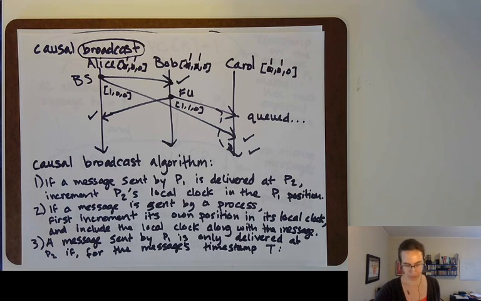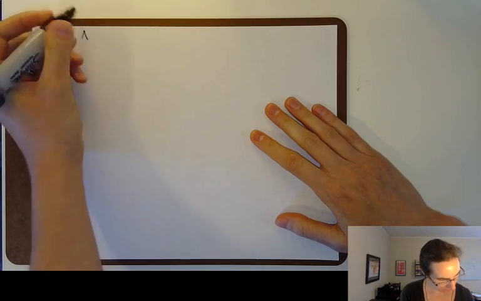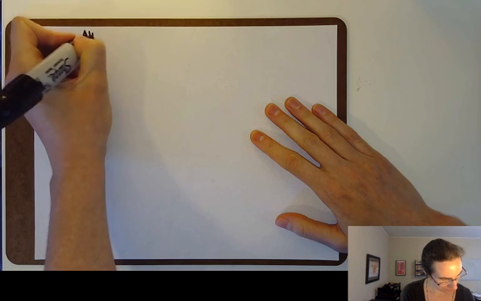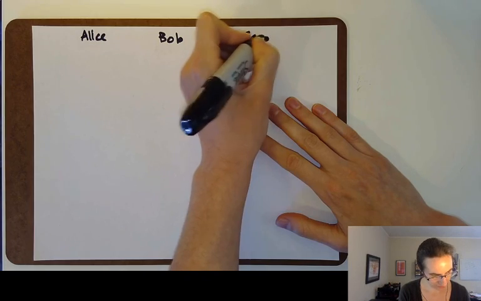So let's do another example. I'm a little bit bored of this one. Let's say again, we have Alice, Bob, and Carol.